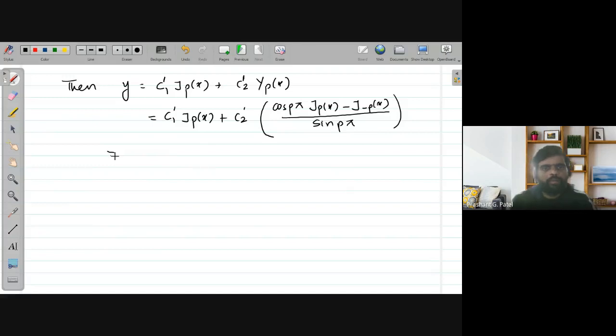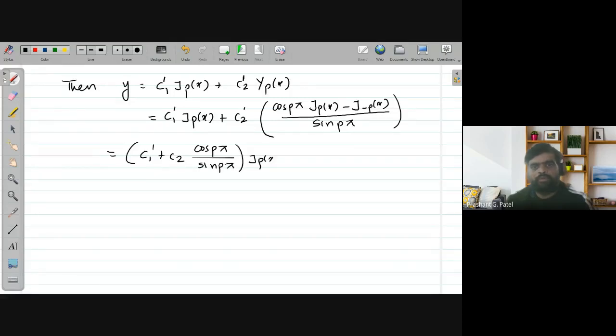If I combine the terms of J_p and J_(-p), this will be (c1' plus c2 cos(pπ) upon sin(pπ)) J_p(x), combining c1' with c2 times cos upon sin, so this one upon this one, which I have written separately.